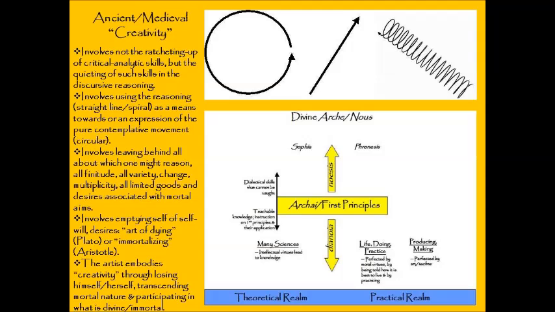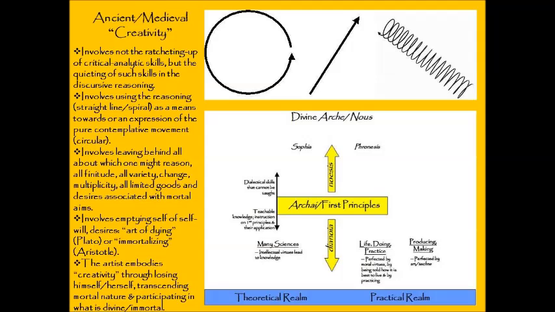It involves leaving behind all about which one might reason, all finitude, all variety, change, multiplicity, all limited goods and desires associated with mortal aims. That doesn't sound like modern creativity, does it? That's what we mean in the ancient sense, in the medieval sense.